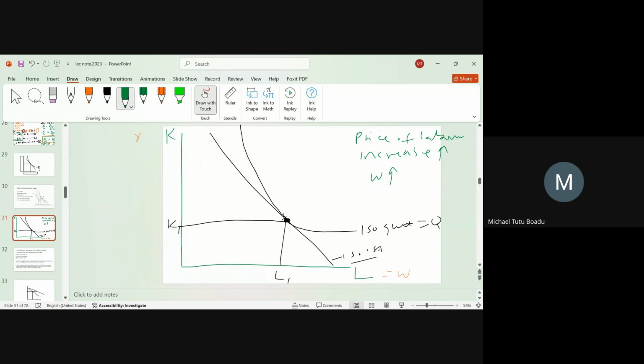It will rather reduce the amount of labor hired. Because it is the price of labor, the wage, that has changed, the iso-cost curve will not shift in parallel, but it is rather going to rotate or pivot. So the new budget line is now this green line I have drawn.